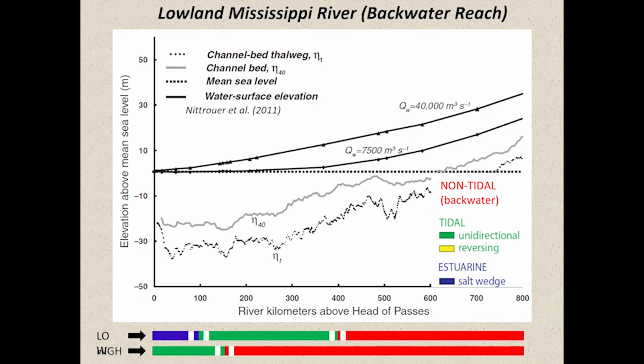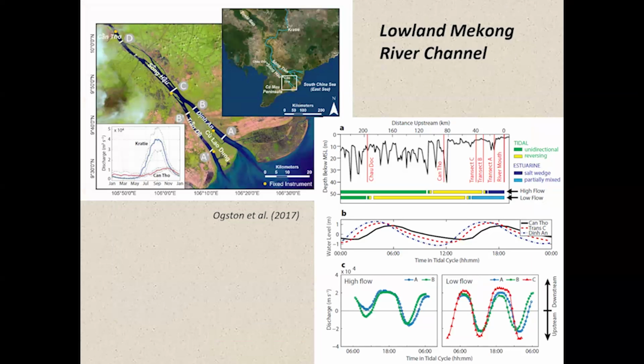So we don't have the yellow, and then at low discharge, we have penetration of estuarine conditions into the river mouth, right?